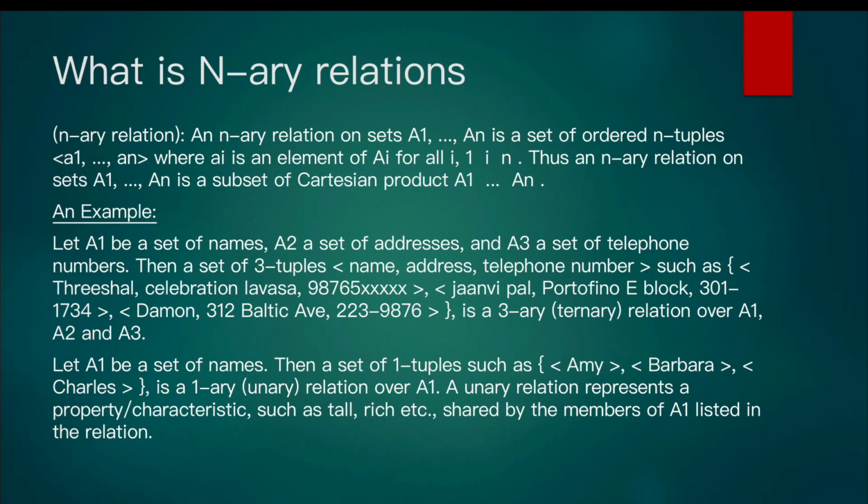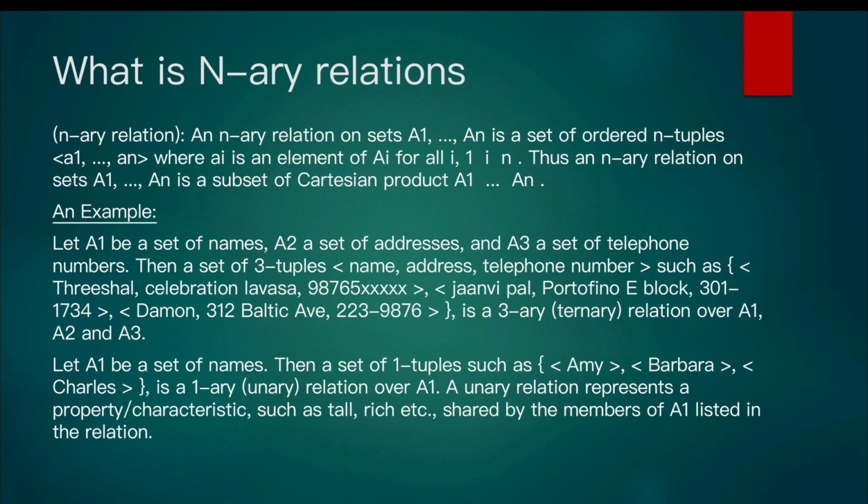We'll move on to some examples. Example 1. Let A1 be a set of names, A2 a set of addresses, and A3 a set of telephone numbers. Then we have a set of 3-tuples: name, address, and telephone number. For example, Trishal lives in a certain address, and his phone number is this. Similarly with the other two.